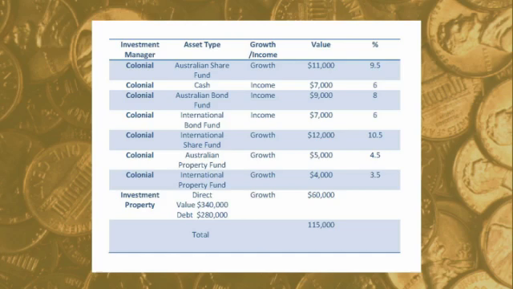This is generally the number that allocates you as an investor type. So we've got income investments of 23,000. We divide that by 115 and get 20%. So of course the growth assets are 80%. So this means 80-20. That would have you as an assertive investor. So one back from the most aggressive and one up from balanced.